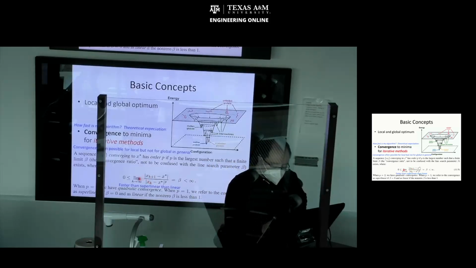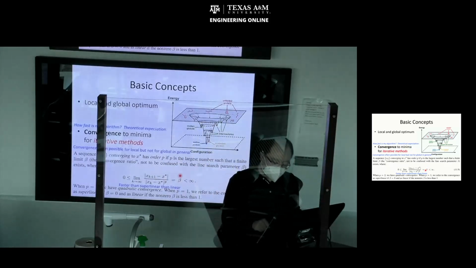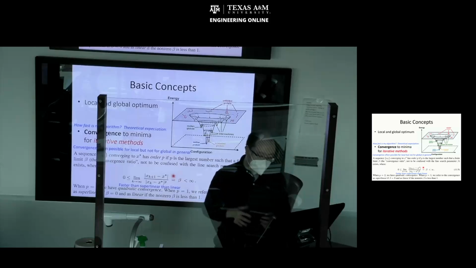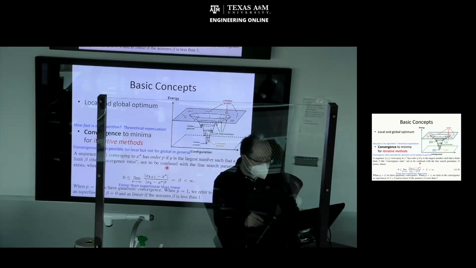If this limit as k goes to infinity is between 0 and a finite beta, it has to be positive for sure because we have distances, right? But this beta has to be finite. If that is the case, then we say that this optimizer is of some kind of convergence rate.